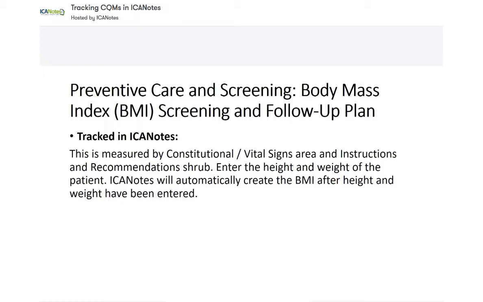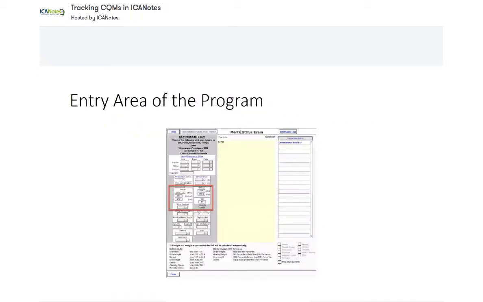So now, the area that you enter this in the program is, of course, under constitutional or vital signs. You have your height and your weight here that you enter, and then the BMI is automatically populated in that. Okay. So now if you have an abnormal BMI, as a user, you're going to be prompted by a pop-up window that's going to ask you to document a follow-up plan.